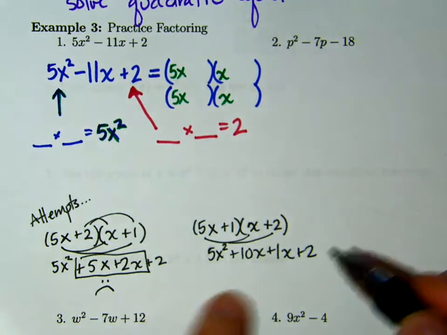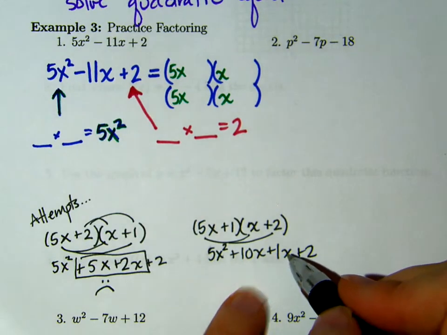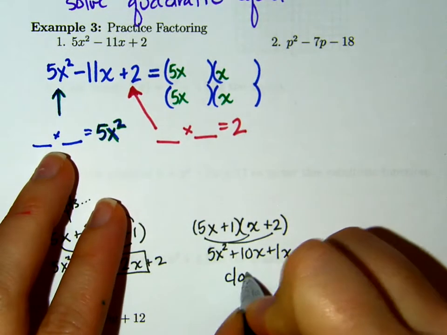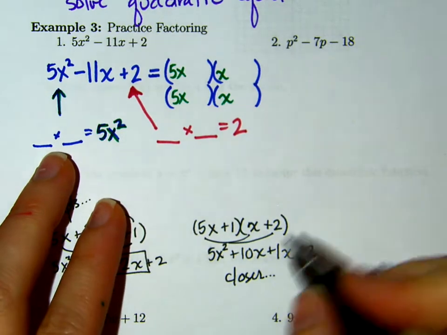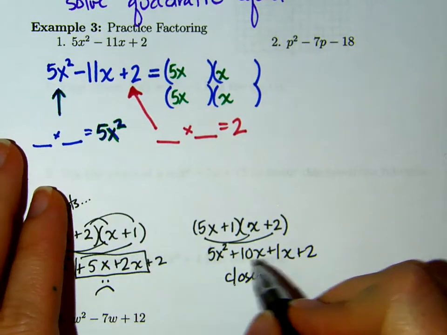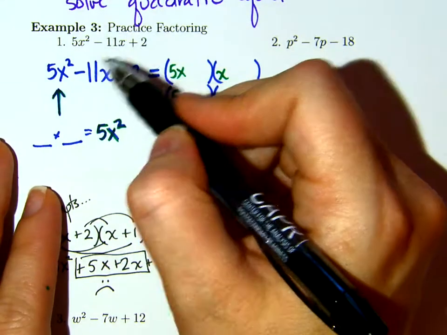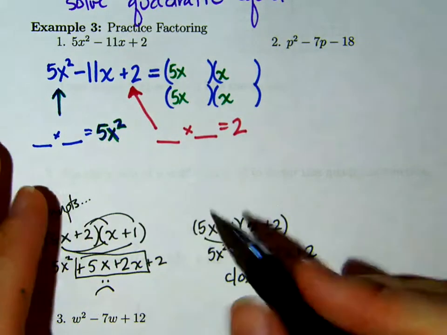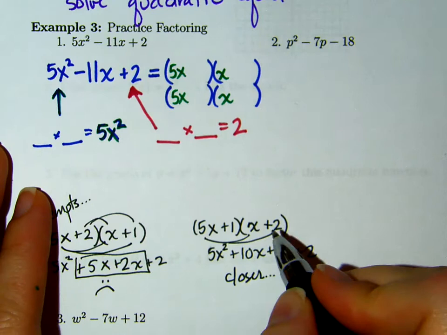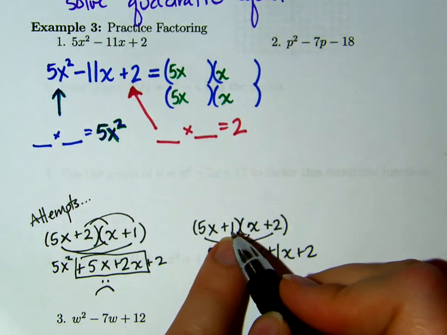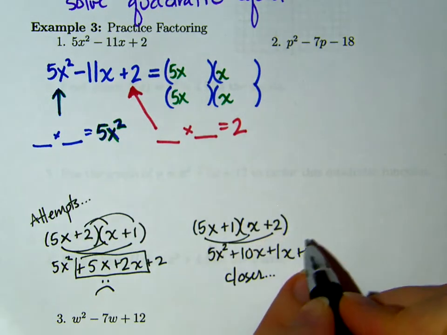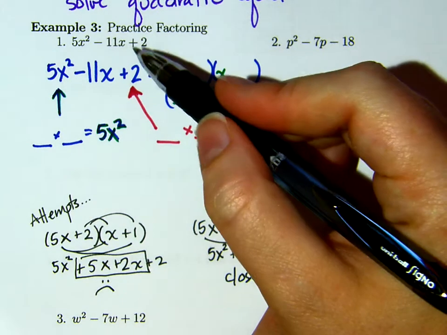Hey, this is pretty close, because now instead of 7 x's, I have 11 of them. It just needed to be negative. So I think I'm going to make this a negative and this a negative, because a -1 times a -2 will still be a +2.